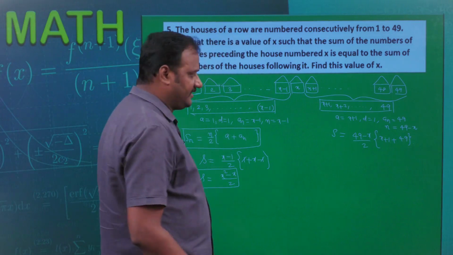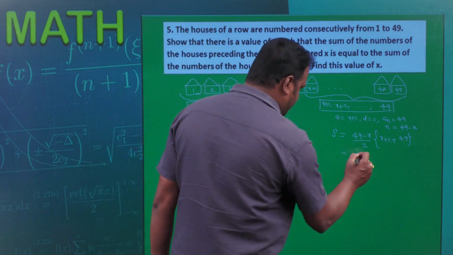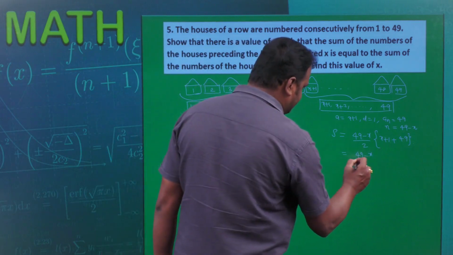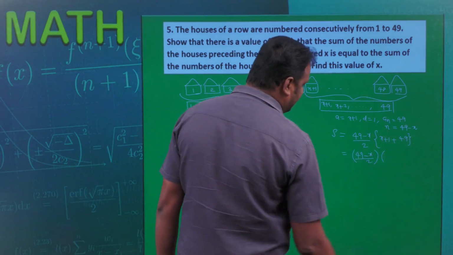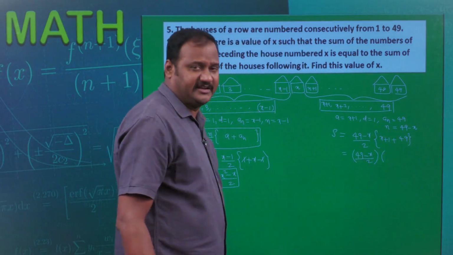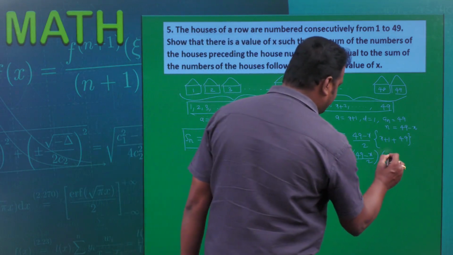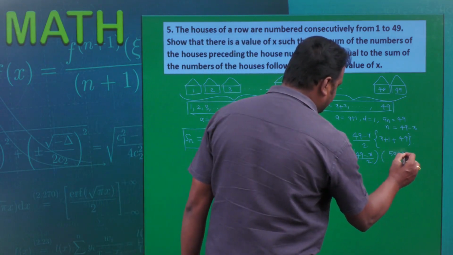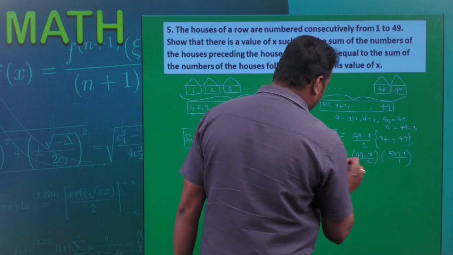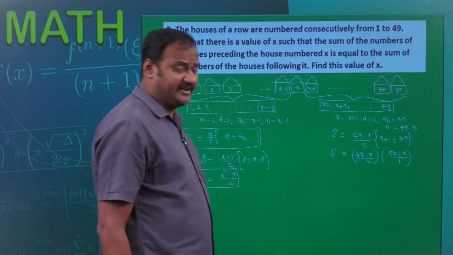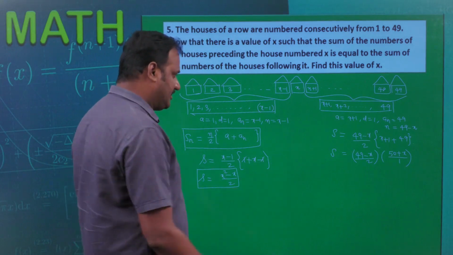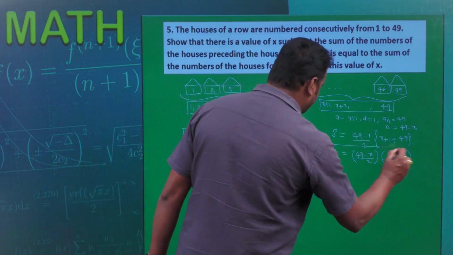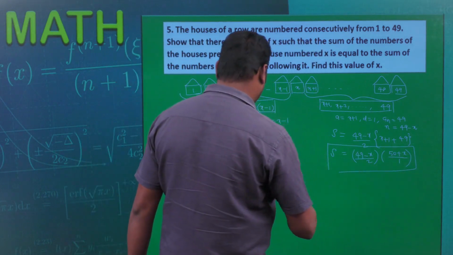Observe here, which is equal to 49 minus x by 2 times x plus 1 plus 49 is equal to 49 plus 1 is 50. So 50 plus x divided by 2. So this is sum. But according to the given problem, this sum is equal to this sum, right? So according to the given problem, these two sums are equal.